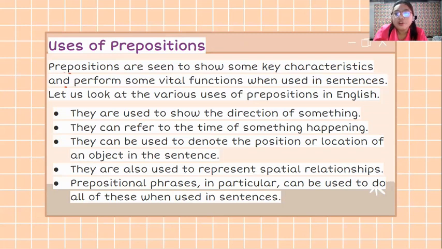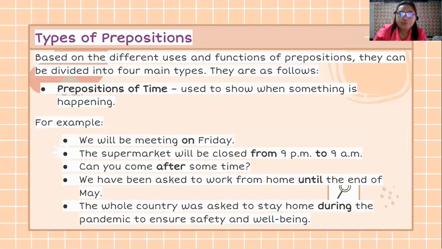They are used to show the direction of something. They can refer to the time of something happening. They can be used to denote the position or location of an object in the sentence. They are also used to represent spatial relationships. And prepositional phrases in particular can be used to do all of this when used in sentences.